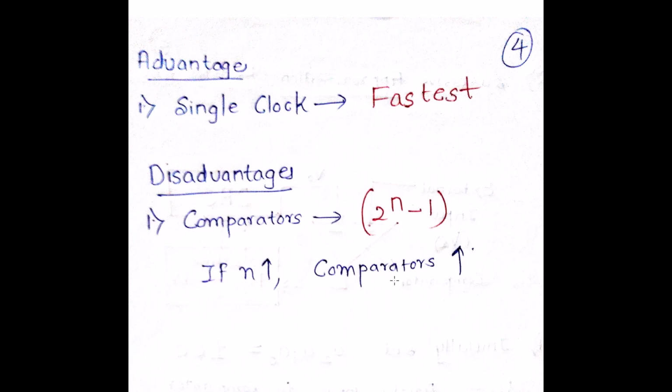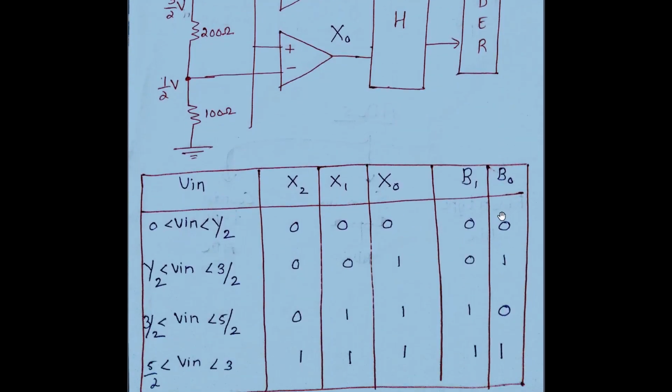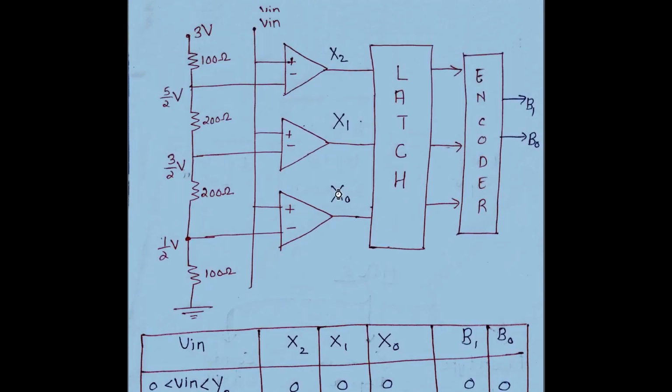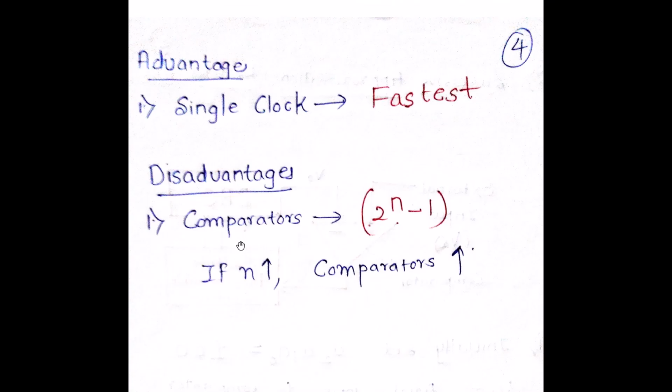But what are the disadvantages? If you see, this is a 2-bit output, right? B1, B0, and I required 3 comparators. That means for n bits, I'll require 2 raised to n minus 1 comparators. A 2-bit will require 3 comparators, a 3-bit will require 7 comparators.